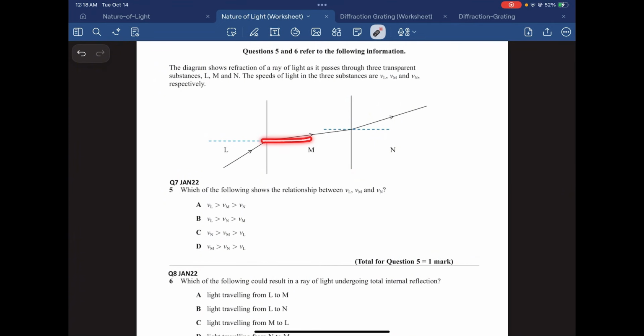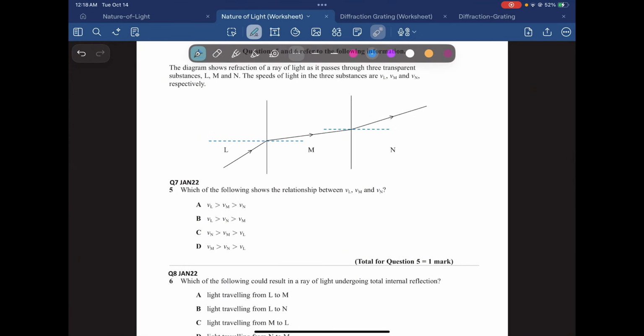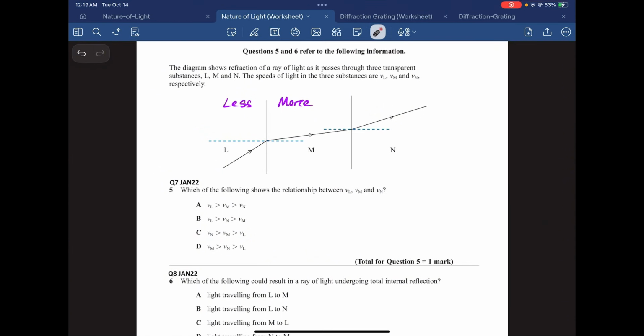It has moved towards the normal, and we know the light bends towards the normal when it moves from less dense medium to high dense medium, right? So we can just write down that here it is less dense medium, and here it is more dense medium. As the light has moved from less dense to more dense medium, the light did bend towards the normal.